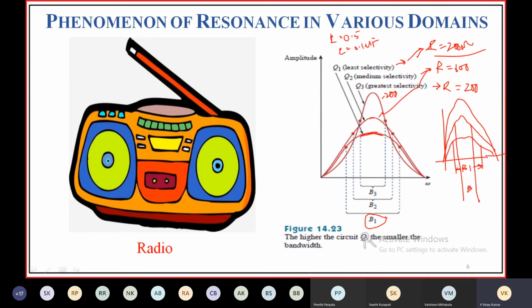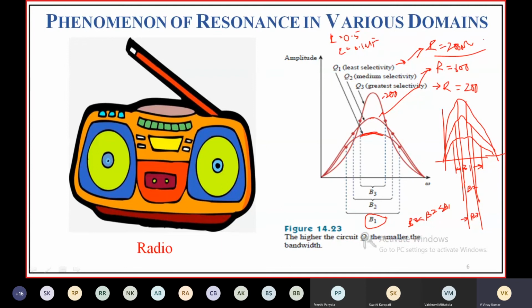This will be B2. For R is equal to 200 ohms, we're going to have a curve like this. Bandwidth is narrow, B3. Here B3 is less than B2 less than B1.